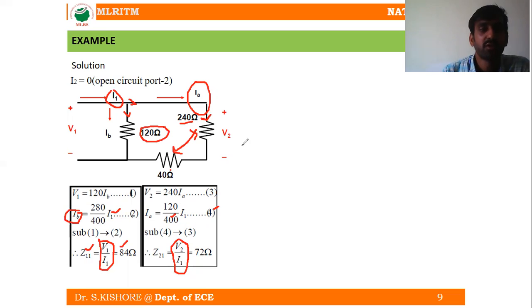So now simply if you want to write V2 is equal to 240 into, what is IA from the equation number 4? IA is nothing but 120 divided by 400, into I1.